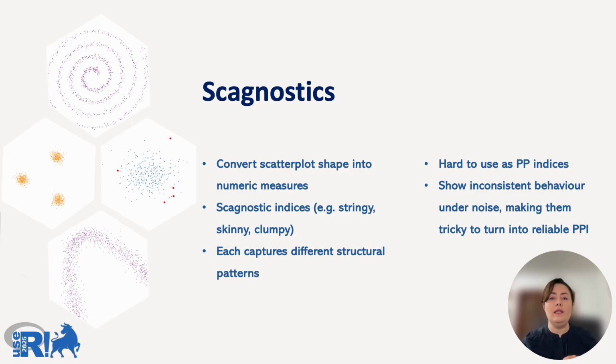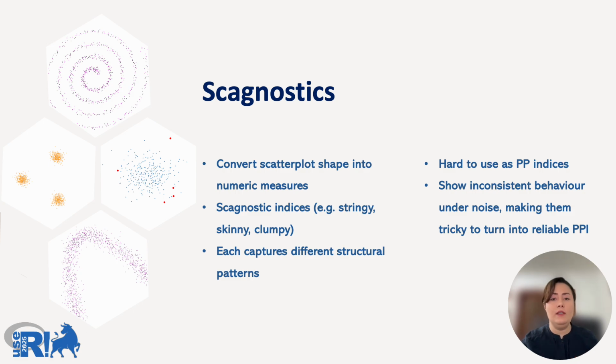Now, in this project, I would like to use scagnostics, which is short for scatterplot diagnostics, which convert the shape of a scatterplot into numeric measures. Scagnostic measures such as stringy, skinny, and clumpy are just some examples, but there are other scagnostic indices as well, each of which captures different structural patterns.